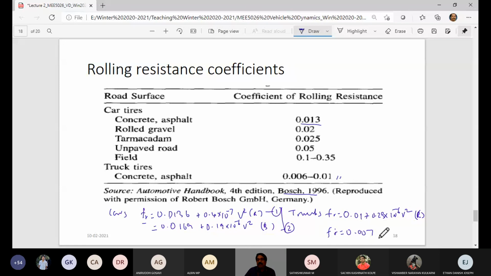See here, trucks are not going to have high speeds like that of cars, so you see low speeds here. You should look at these numbers and see why they are different. Into 10 raised to minus 6 v square, that's for bias tires. So let's say this is formula number 4. Just number this as per the number that's available in the textbook.